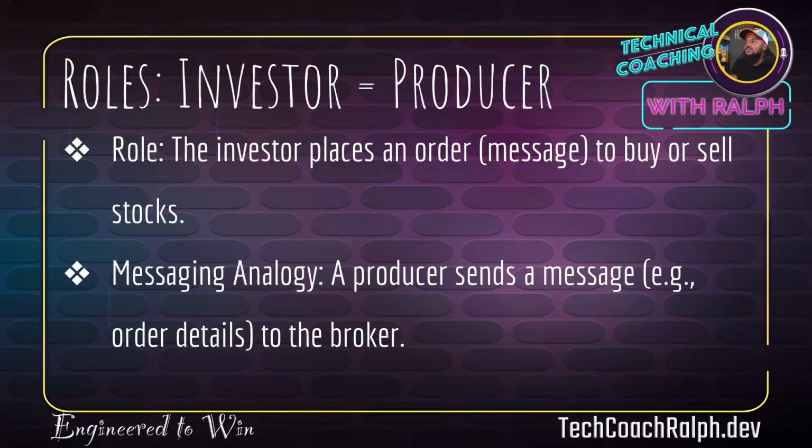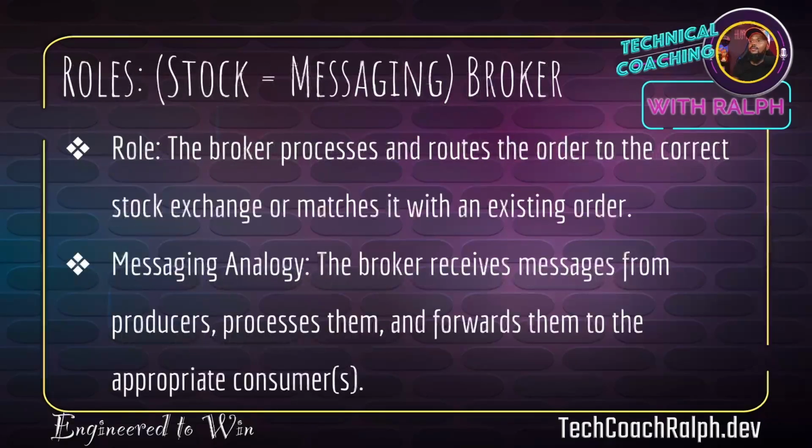So the investor places an order to buy or sell stocks. With our messaging analogy, a producer sends a message, for example, order details, to the broker. Now, the role of the stock messaging broker: the broker processes and routes the order to the correct stock exchange or matches it with an existing order.